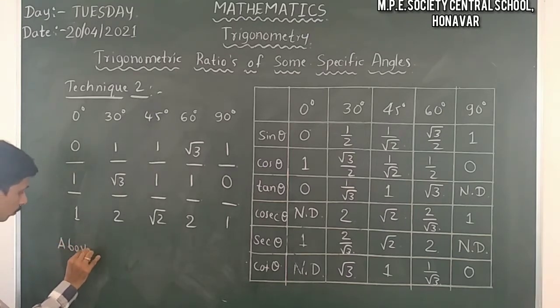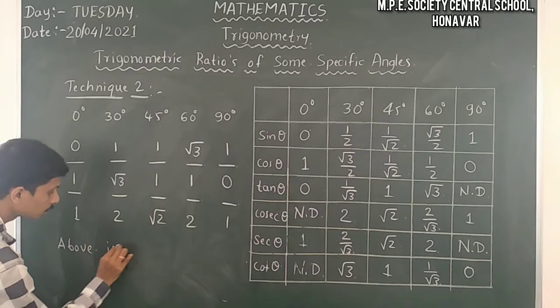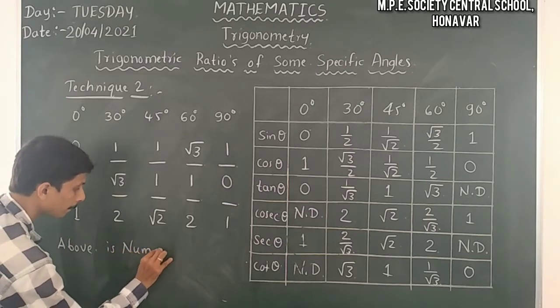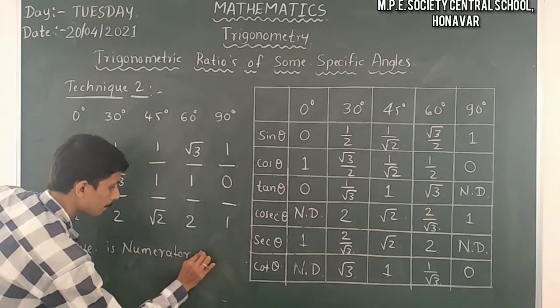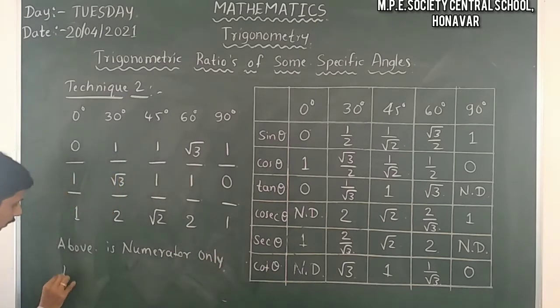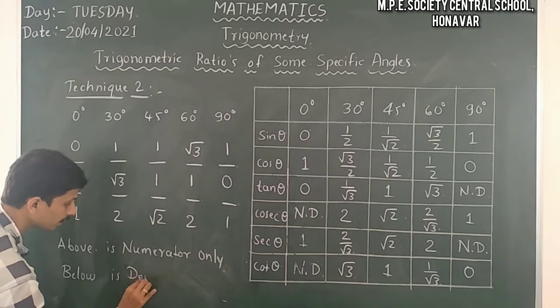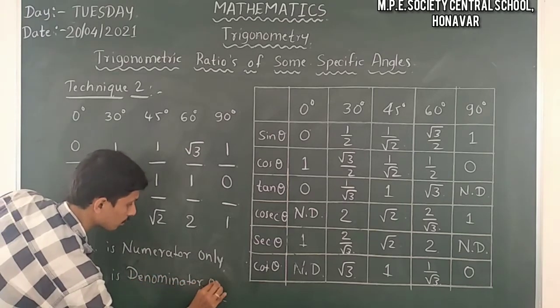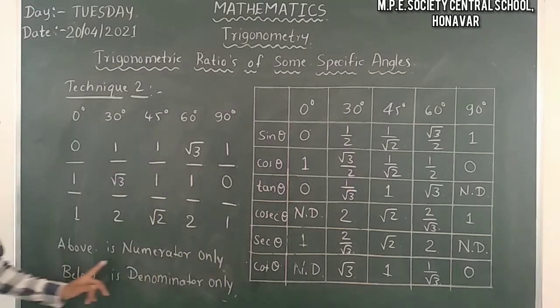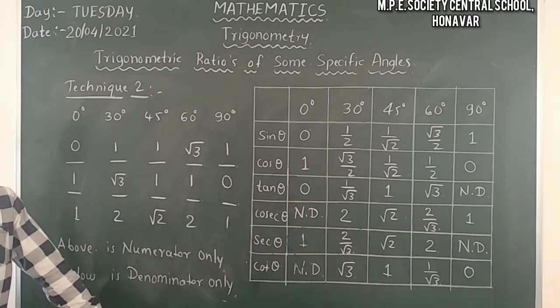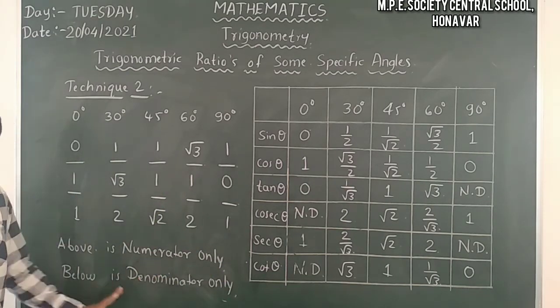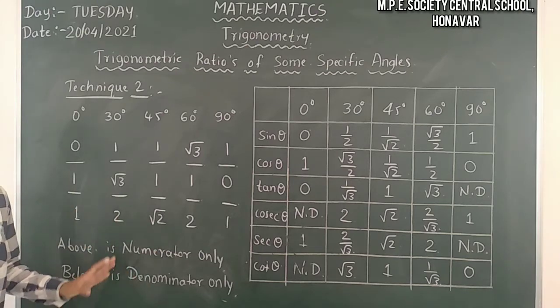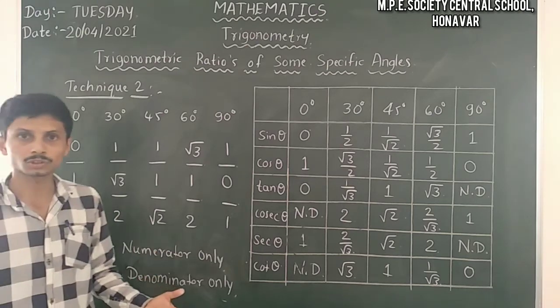Above is numerator only, and below is denominator only. So whatever the steps, whatever the operation you take.